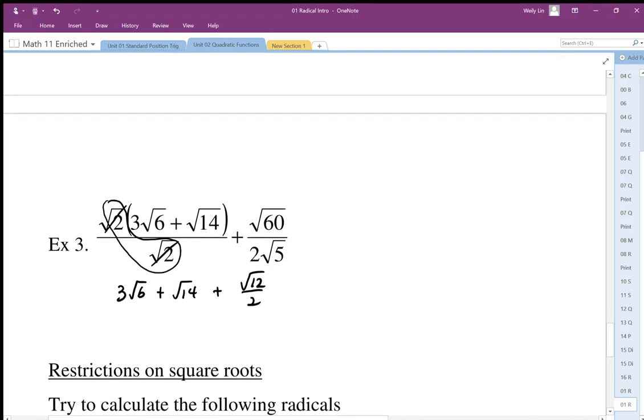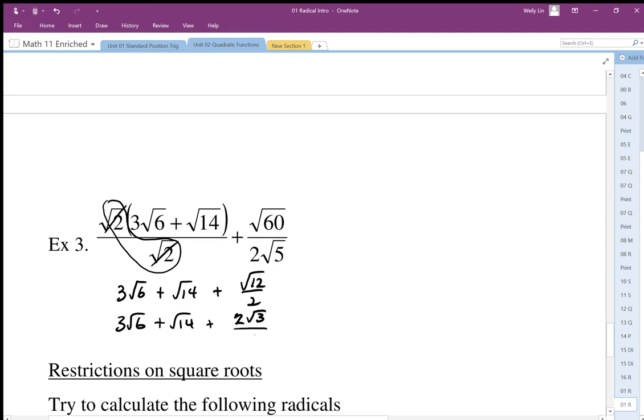We can simplify this. These are in simplest form, so 3 root 6 plus root 14. We can factor out the perfect square of 4, so it becomes square root of 4, and then we're left times 3. Okay, so root 12 becomes 2 root 3.